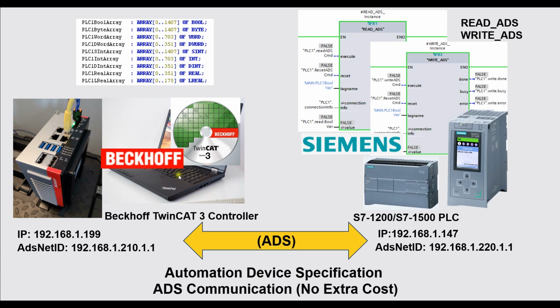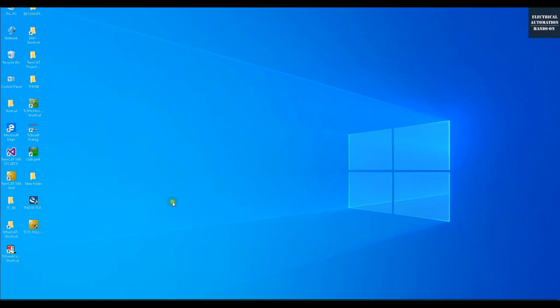Now, let's first go to the TwinCAT system, and I will set up the project starting from scratch, and I will copy all those tags. Let's use a couple of minutes to set up this TwinCAT project. Okay, this is my TwinCAT engineering system, and I will use this computer to run locally as the TwinCAT PLC. So I will open this XAE.